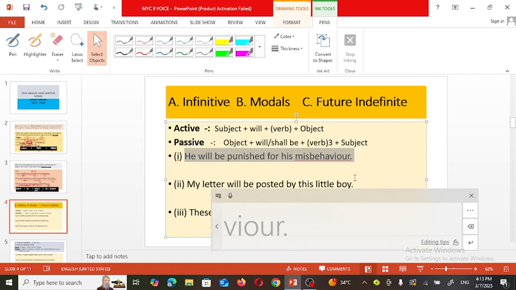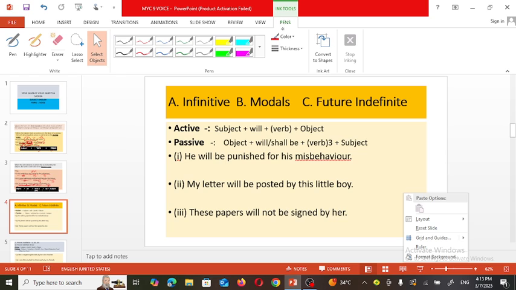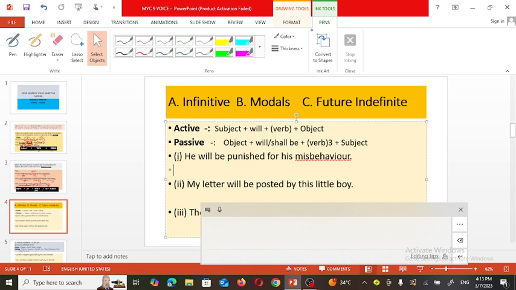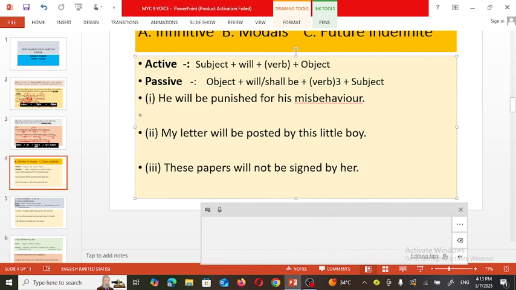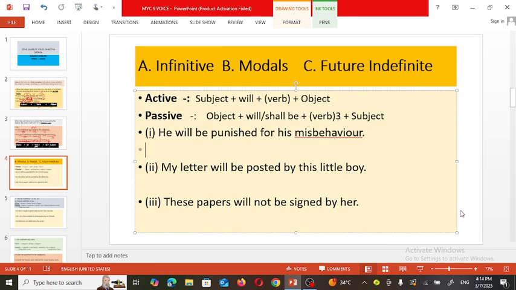In the given sentence, he is the object, punished is the verb, and will be is the to be form: he will be punished for his misbehavior by someone.